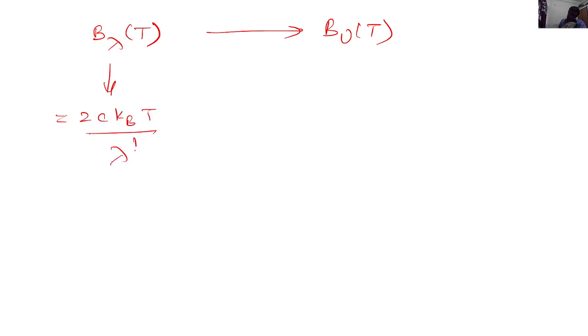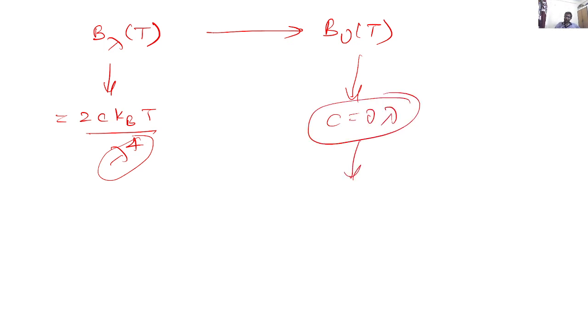I mean, we would want to relate the radiance in terms of frequency. So do we just convert lambda to frequency using c equals nu lambda and get a term for B nu T? Do we do that?